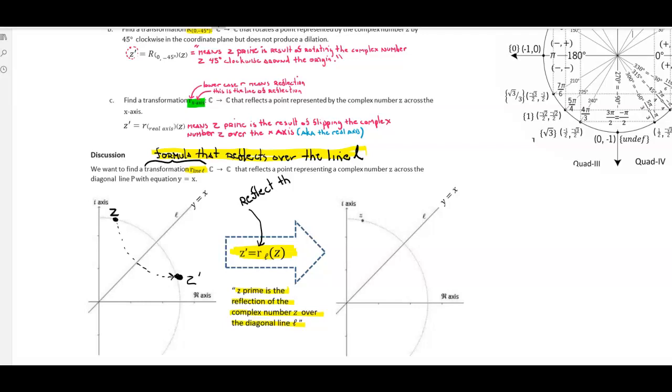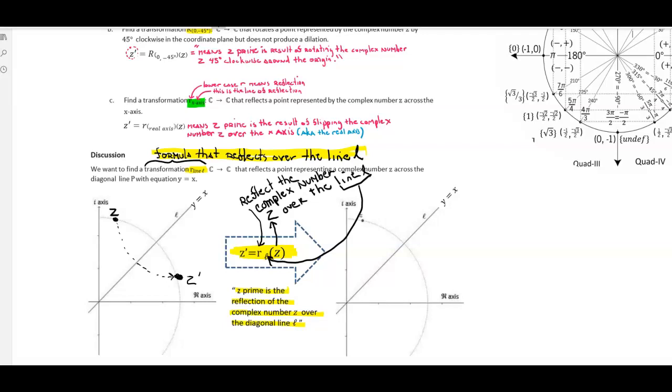The complex number z, that's this, over the line L. That comes from that little symbol.